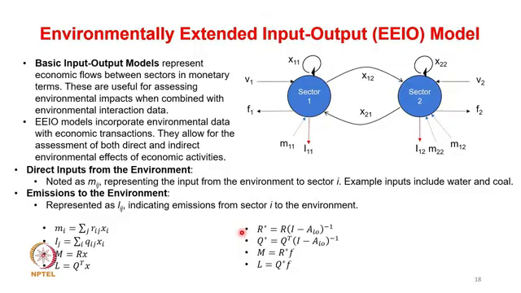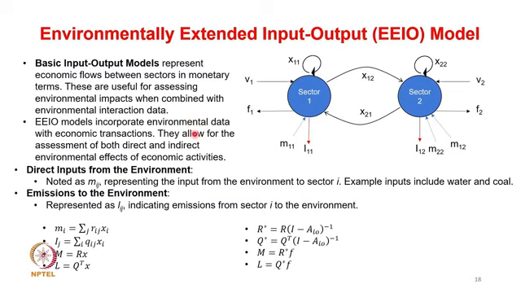So now look at a slightly extended version of this input output model, which we call the environmentally extended input output model. The basic input output model is what we have learned. It only represents the economic flows between the sectors in terms of monetary benefits, but these are useful for assessing the environmental impact when combined with the environmental interaction data.